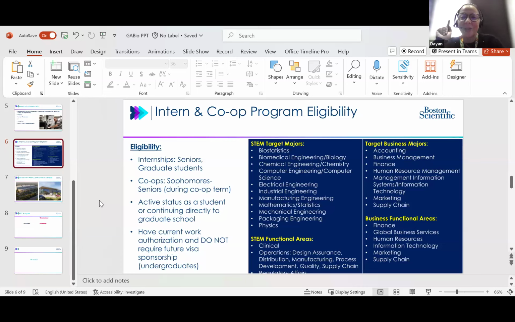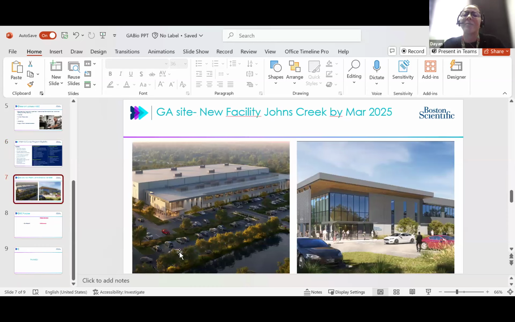Just give us time to get to March and move to Johns Creek, because this site honestly is not as pretty. It is nice, but the new one, which I already showed, is going to be very nice, a Boston-standard building and all that. I'm pretty sure we can start organizing visits there.